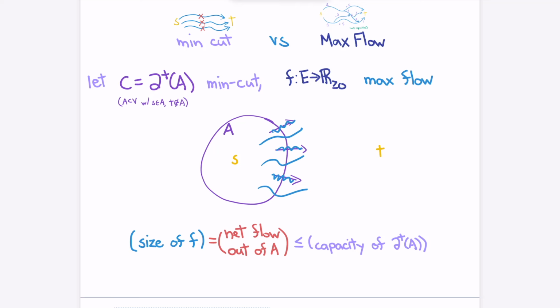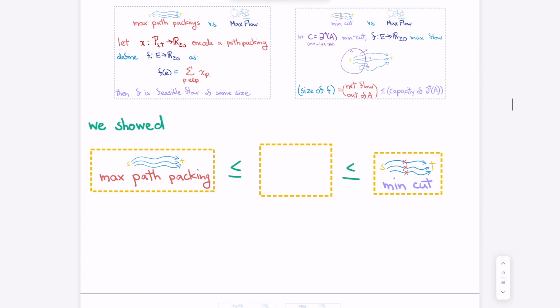Okay. So putting everything together, we'll get the following. We know that any path packing can be converted into a feasible flow of the same size.